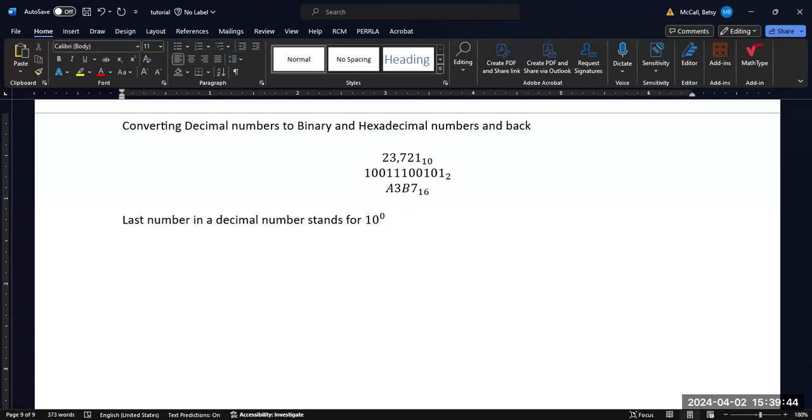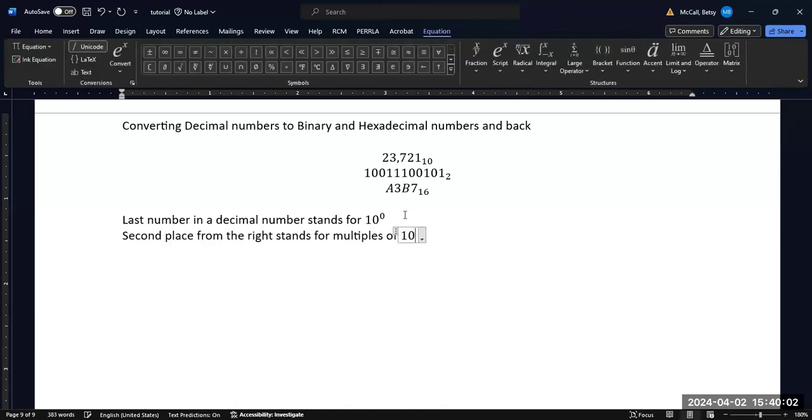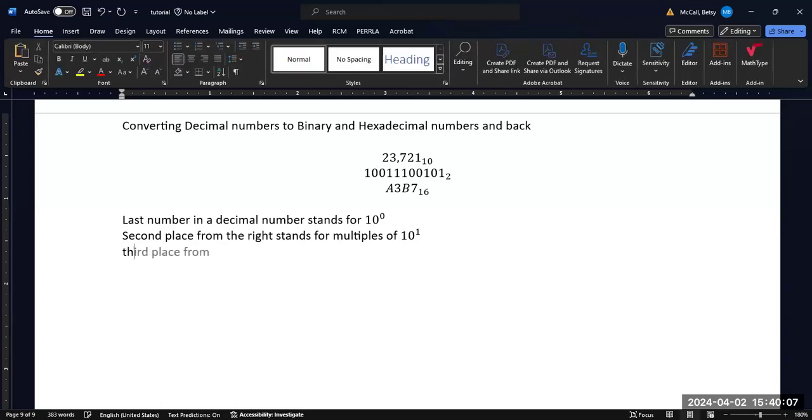The second digit from the right stands for the multiples of 10 to the 1. And then the third place from the right stands for multiples of 10 squared, and so on.